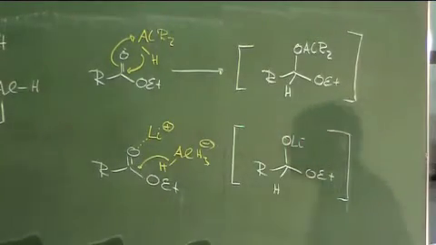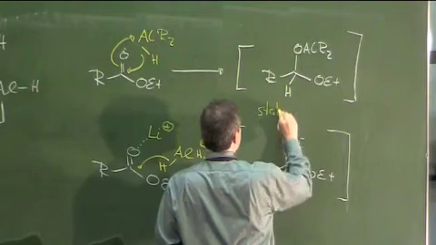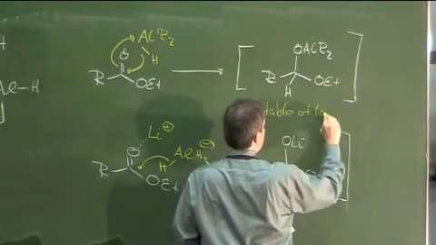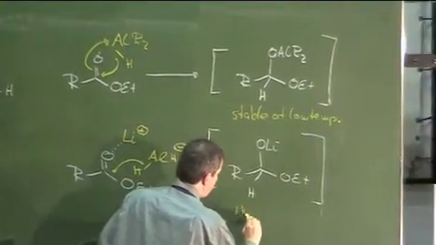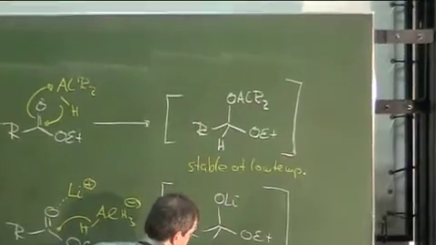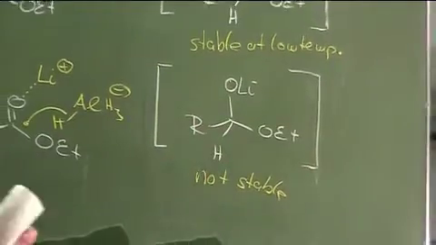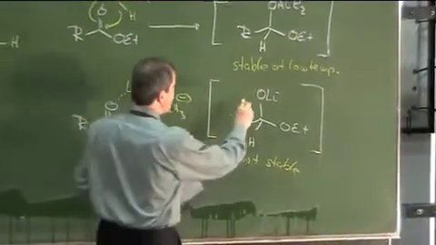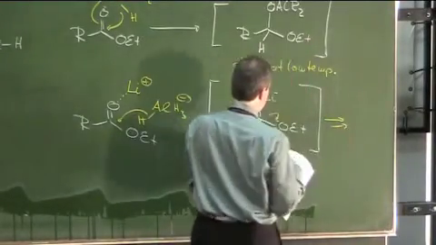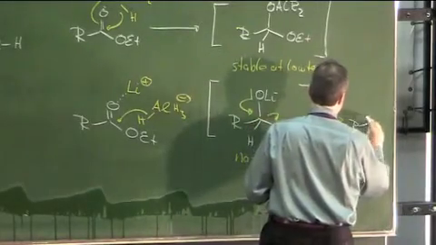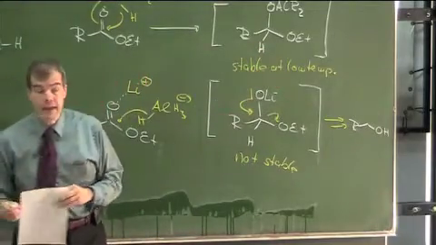And the big difference between these two intermediates is that this is stable at low temperature, and this is not stable. So this intermediate immediately breaks down, forms the aldehyde, and ultimately reacts further to give the alcohol. While this intermediate will stay.